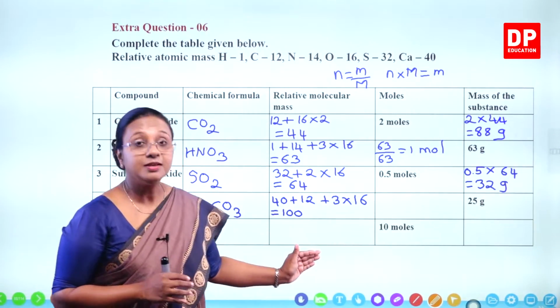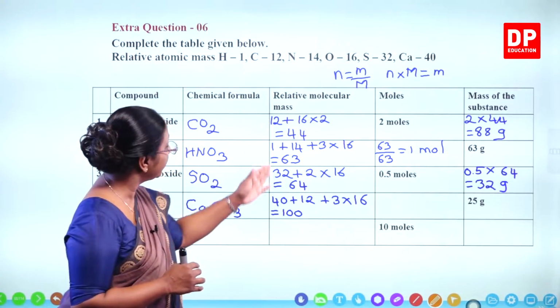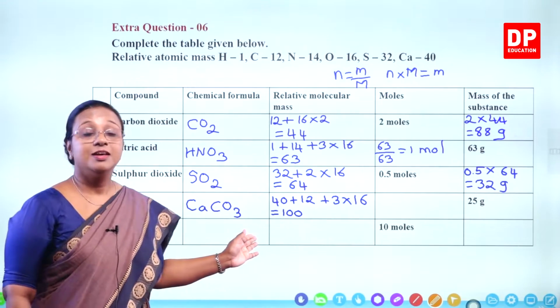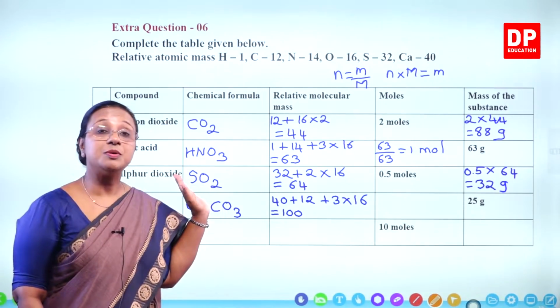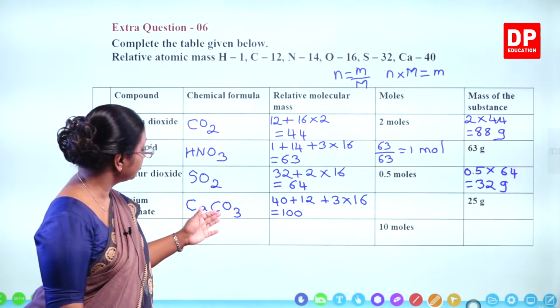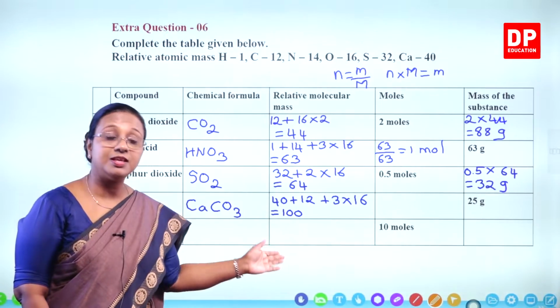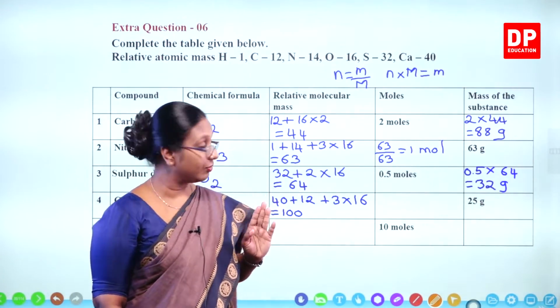Students, I am going a bit fast. Why? Because we have already calculated the relative molecular masses for most of these compounds before. CO2, nitric acid, SO2, calcium carbonate, everything is familiar to you. So, you know the way of calculating.